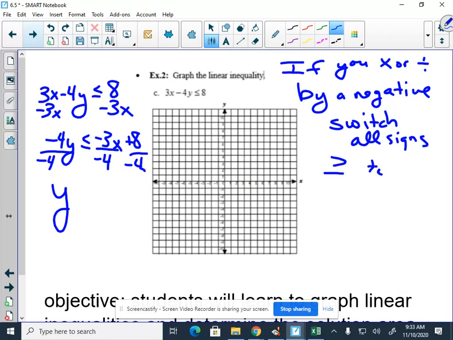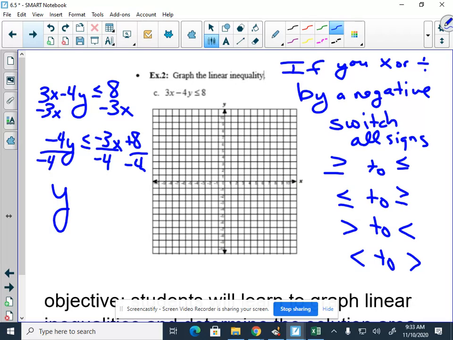That changes to that, or that changes to that. They flip around. This changes to this. This changes to this. You see how they become the opposite?